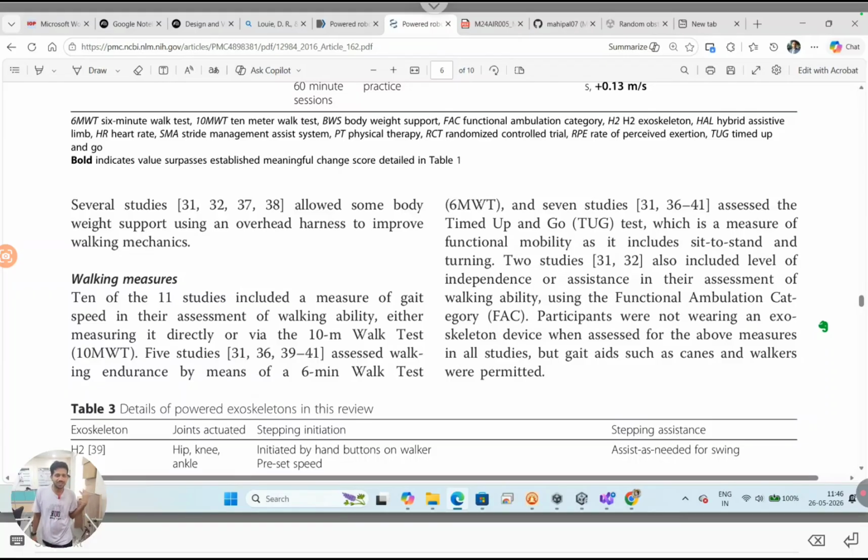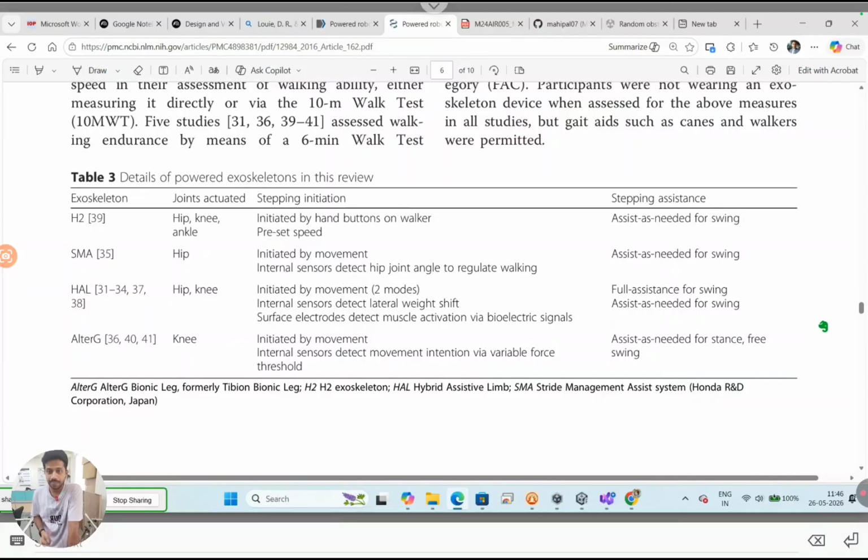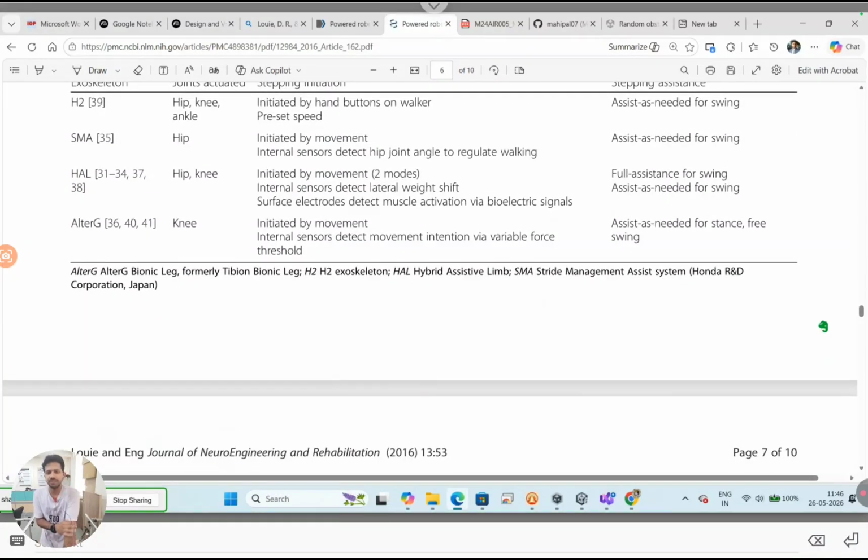Participants were not wearing an exoskeleton device when assessed for the above measures in all studies, but gait aids such as canes or walkers were permitted. Okay, fine. Details of powered exoskeletons are there in this review. You can see the details.